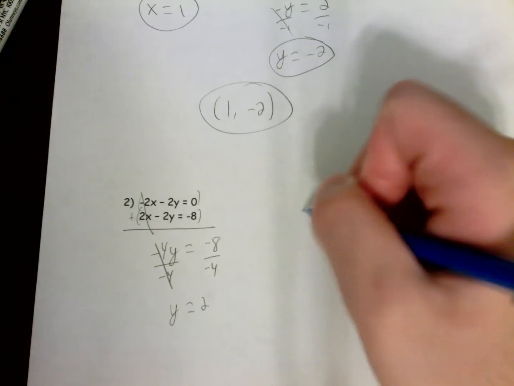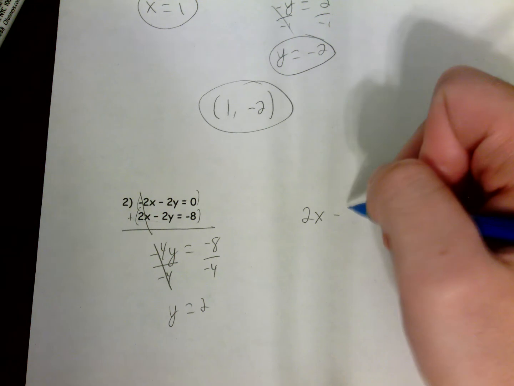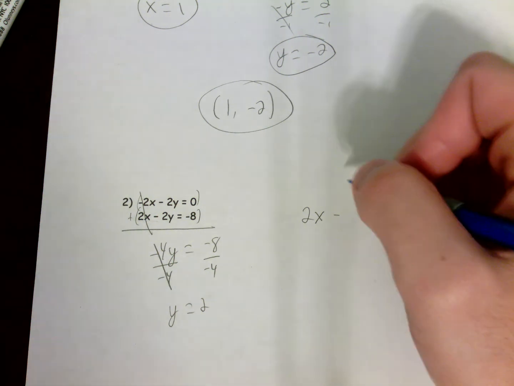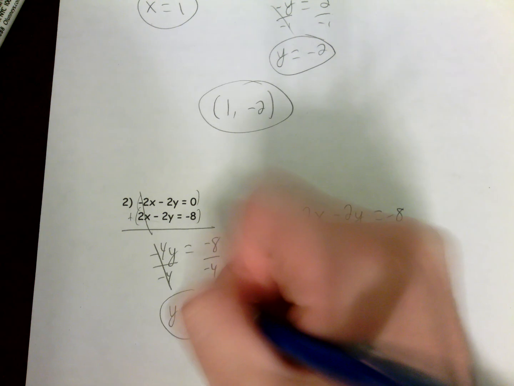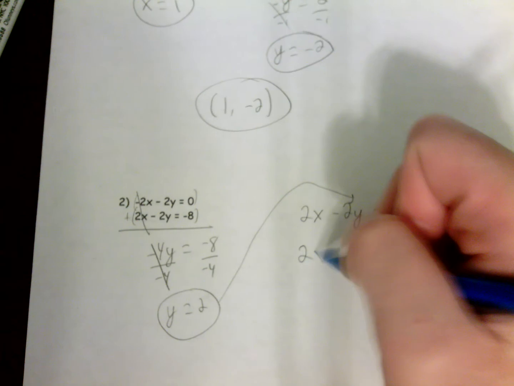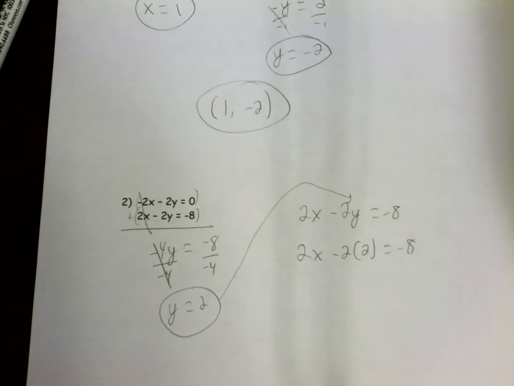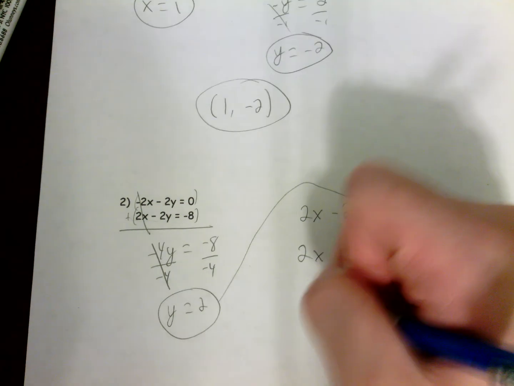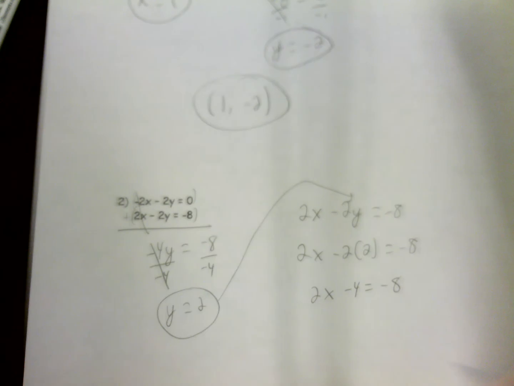I'm going to take the bottom just because I feel like it's a little easier. So we have 2x minus 2y equals negative 8. I'm going to take my y equals 2 and plug it in for y. So I have 2x minus 2 times 2 equals negative 8. Now I'm just going to solve for x. So I have 2x minus 4 equals negative 8.